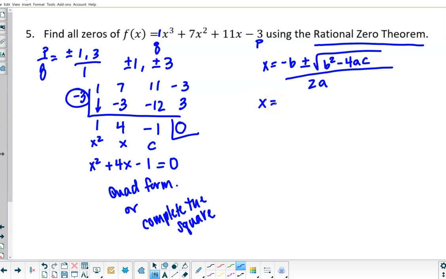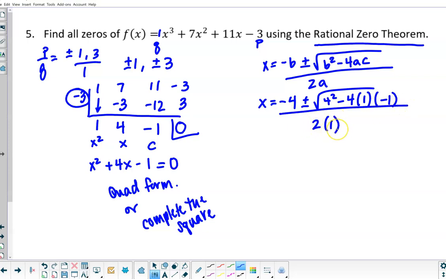So x is equal to -b, so our b is 4, so -4 plus or minus the square root of 4 squared minus 4 times a, which is 1, times c, which is -1, all over 2 times a, which is 1. So we'll simplify. We get -4 plus or minus, this is 16. -4 times 1 is -4, times -1 is +4.